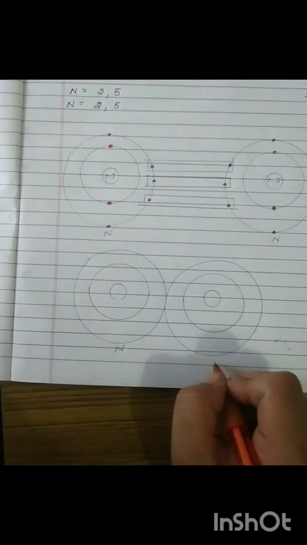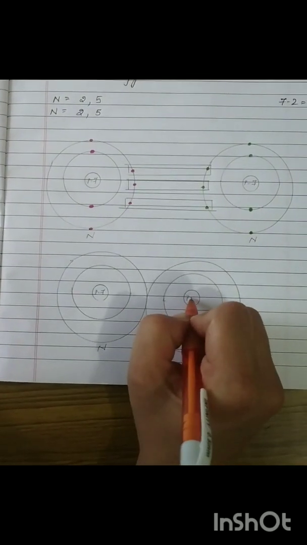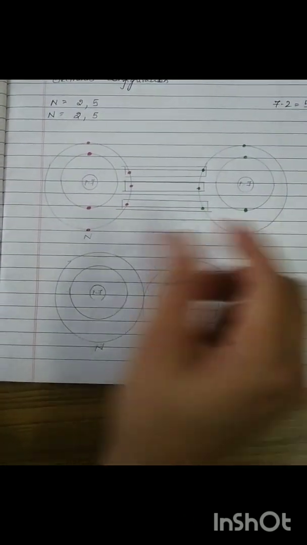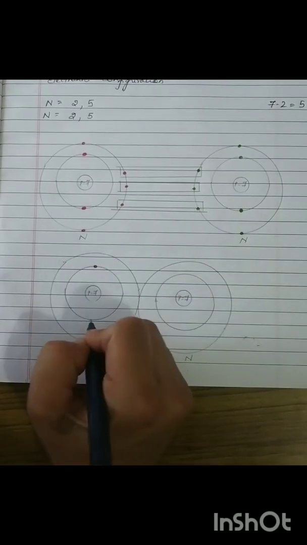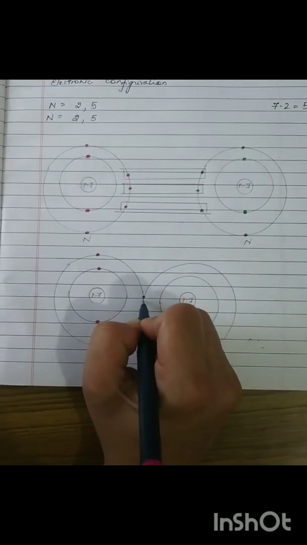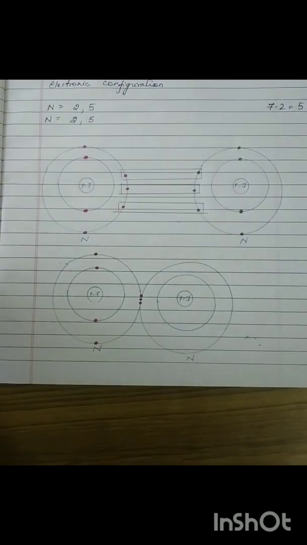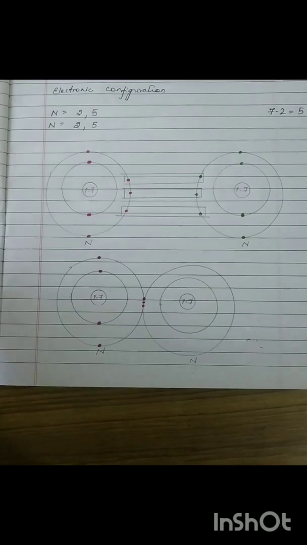So first atom, second atom, 7 electrons each, 1, 2, 1, 2, second one.